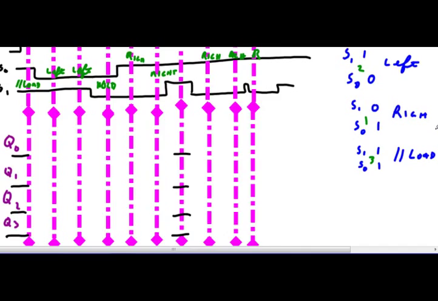What picture is it? Okay, I got it. The first thing that happens is a parallel load, and I see that D0 is a 1, so this guy's going to go high. These guys are going to stay at 0 during the parallel load.